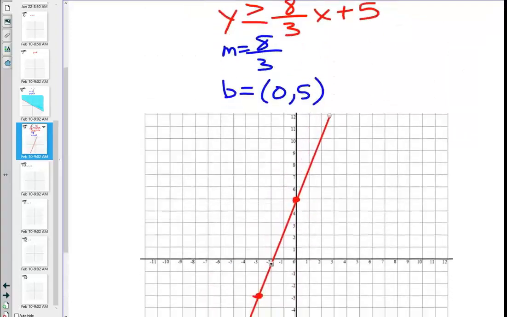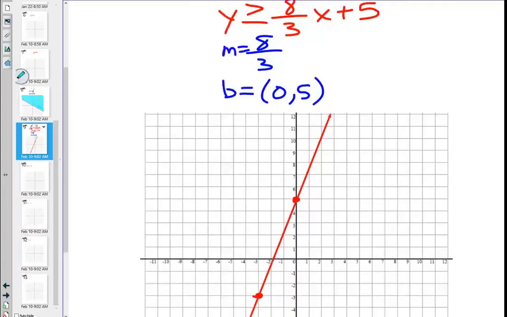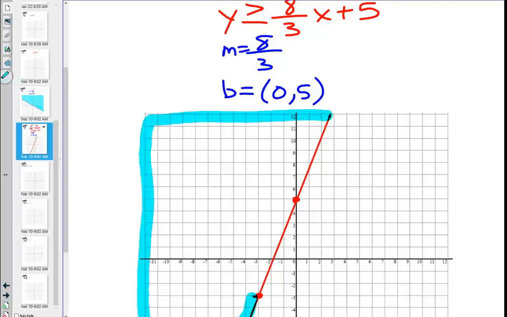Okay, Hiram, where am I going to shade, the sky or the ground? You're going to shade the sky. Yeah, y is greater than, so shade the sky.